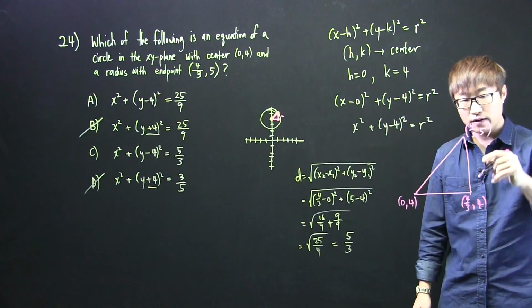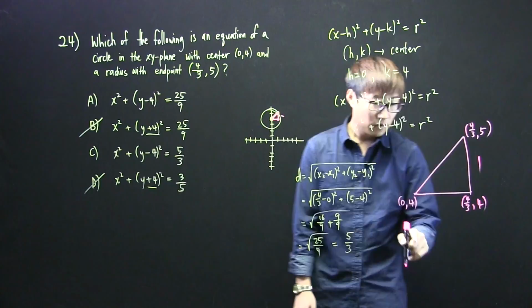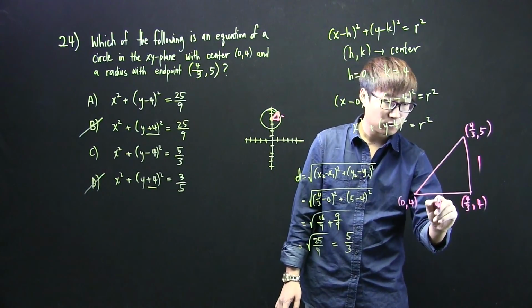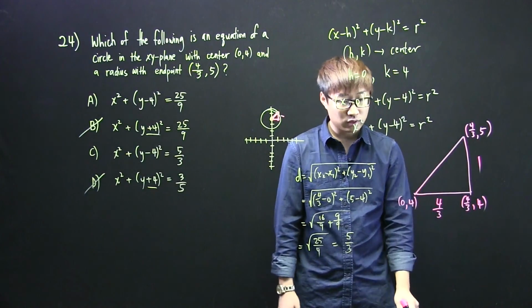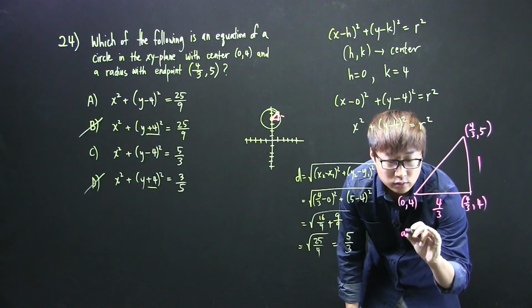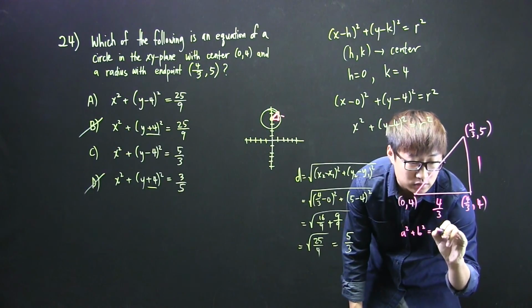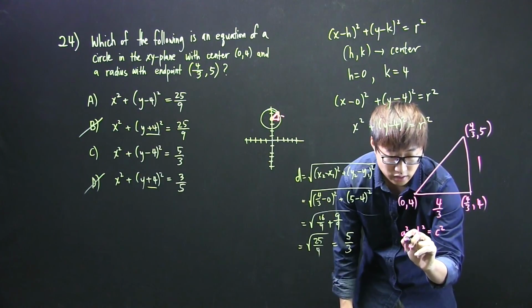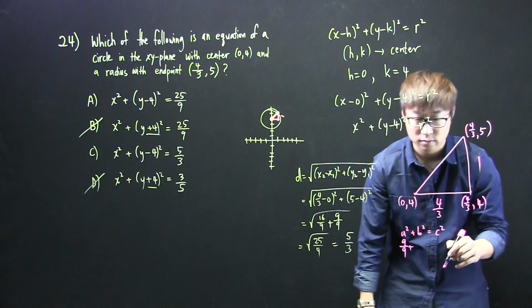So, from 4 to 5, that's a distance of 1. From 0 to 4/3, that's a distance of 4/3. What can we do? Pythagorean theorem, right? So a squared plus b squared is equal to c squared. So 1 squared is 1, aka 9 over 9. Trust me, it's going to be the same.